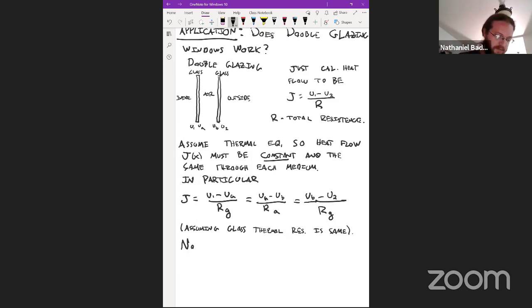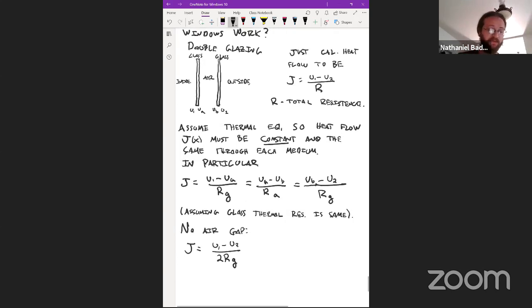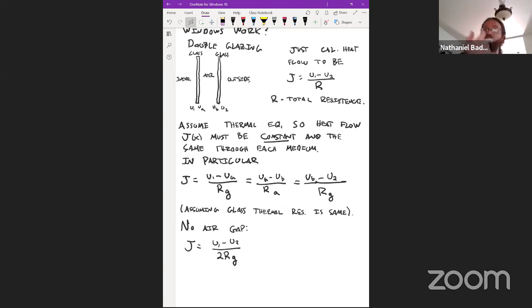Then we would assume that this is U1 minus U2 over 2 times RG, right? We have double the resistance, so resistance is a sum. The two panes are together, and we're just going to get the total sum of the resistance. Great. This is what we want to check against.